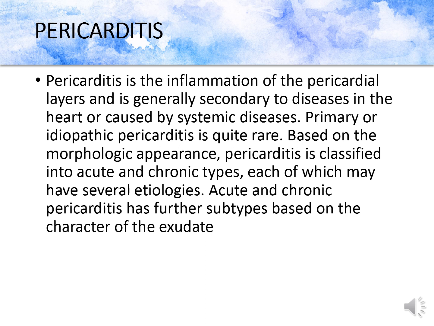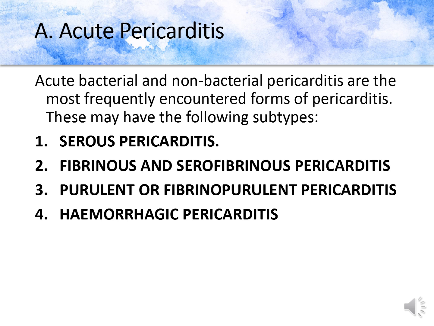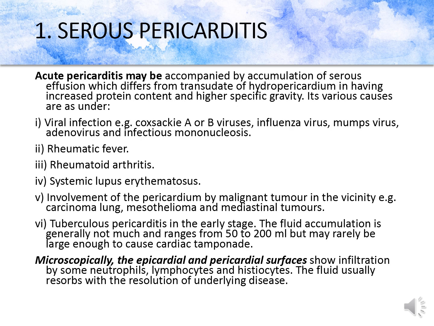Pericarditis is morphologically classified into acute and chronic types, and they have various etiologies. We distinguish serous pericarditis, fibrinous or serofibrinous pericarditis, purulent or fibrino-purulent pericarditis, and hemorrhagic pericarditis.